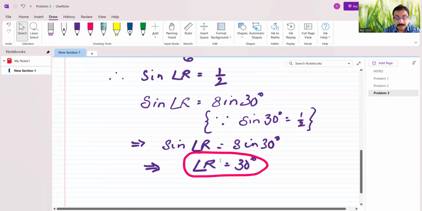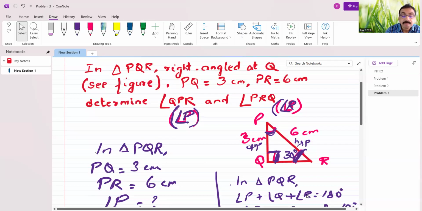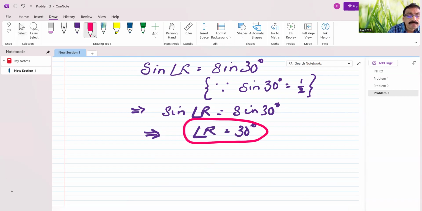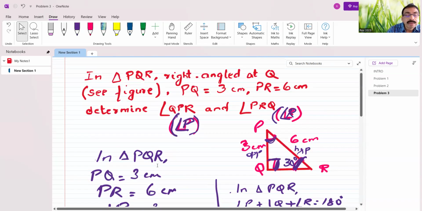Now, either you should have mentioned at the beginning of the problem, let QPR be angle P and PRQ be angle R, or you mention here, as per the question, because the question does not talk about angle P and R, it talks about QPR and PRQ.